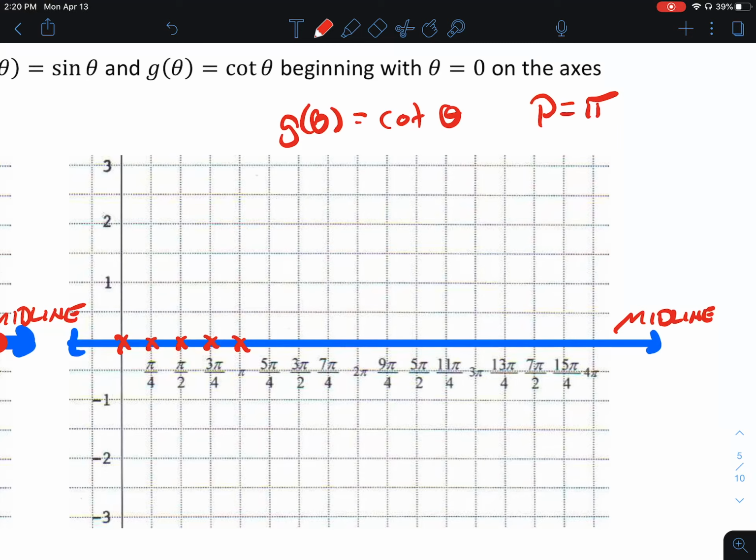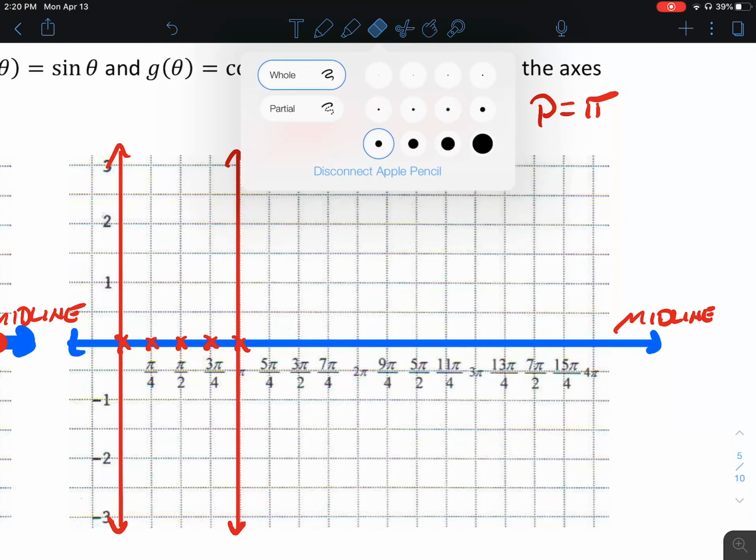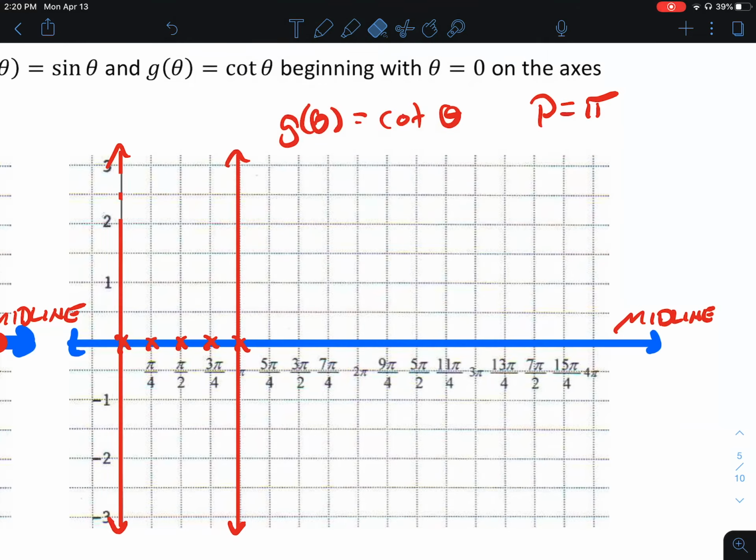Then from memory, I know that cotangent has a vertical asymptote at the beginning and end of the period. And these vertical asymptotes should be dashed. So let me dash these up.